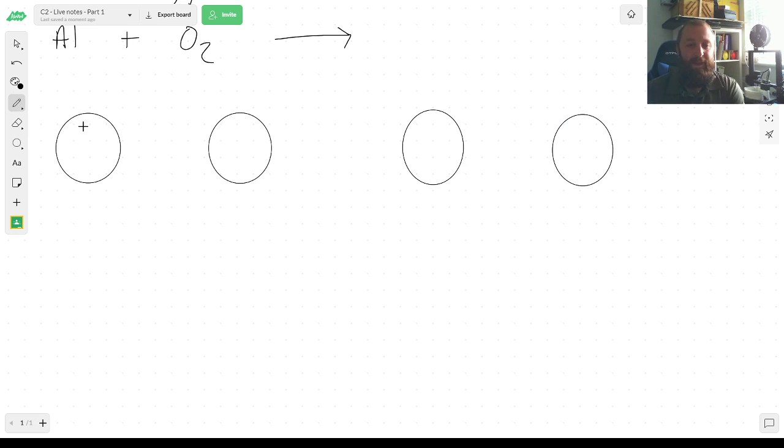There we go. So we've got group 3, group 6, and I've got my ions.